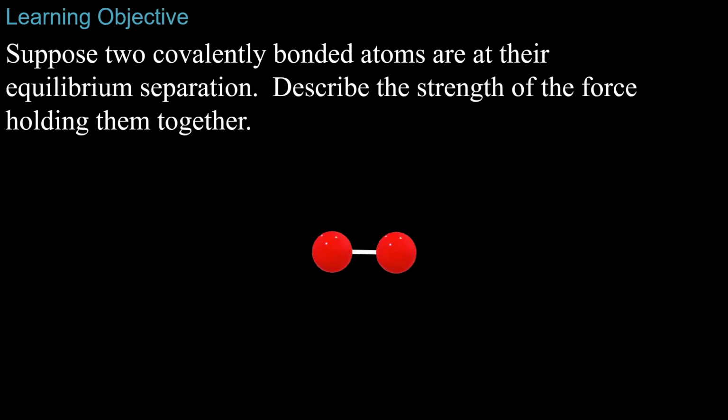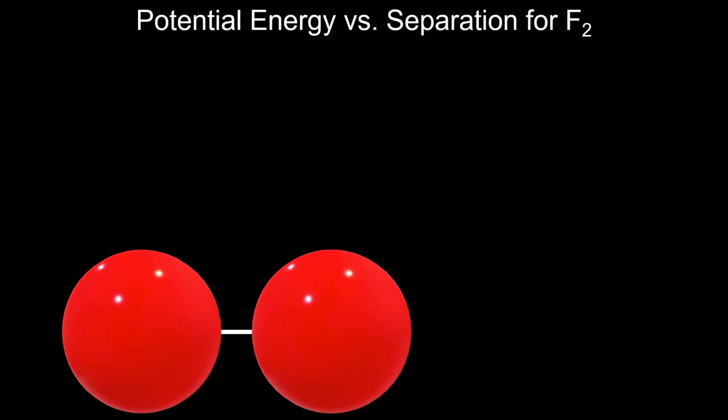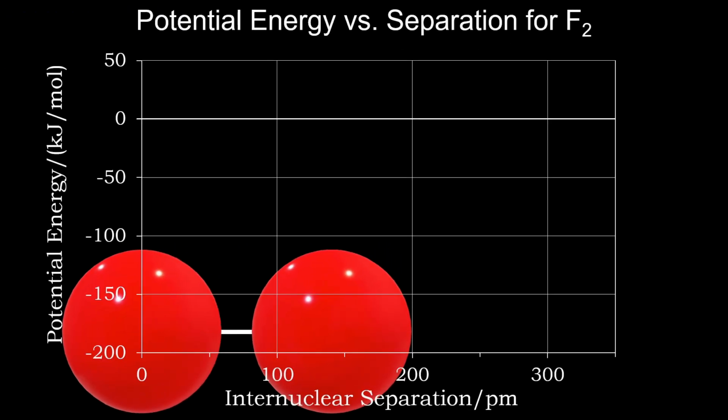All molecules vibrate, which changes the internuclear separation, the distance between the nuclei. There is a particular separation called the equilibrium separation that can be explained with a plot showing how the potential energy changes as the internuclear separation changes for difluorine.